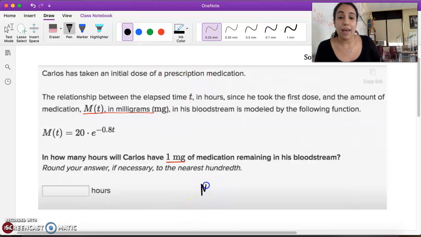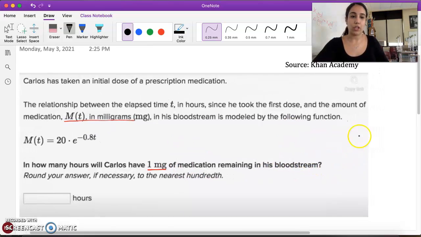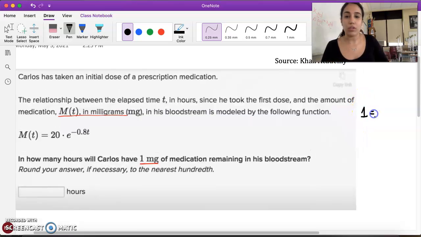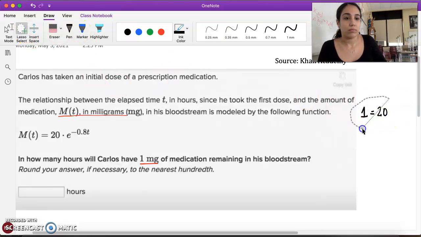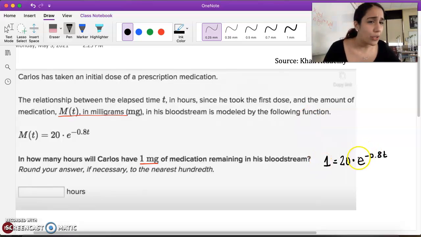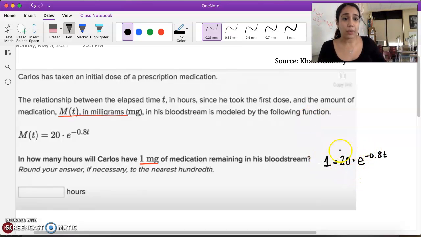So m of t is 1. We just found out that is 1. I'm going to write this off to the side over here. So we have 1 equals 20 times e to the negative 0.8 t. We can't put this in logarithmic form until we get rid of that coefficient.